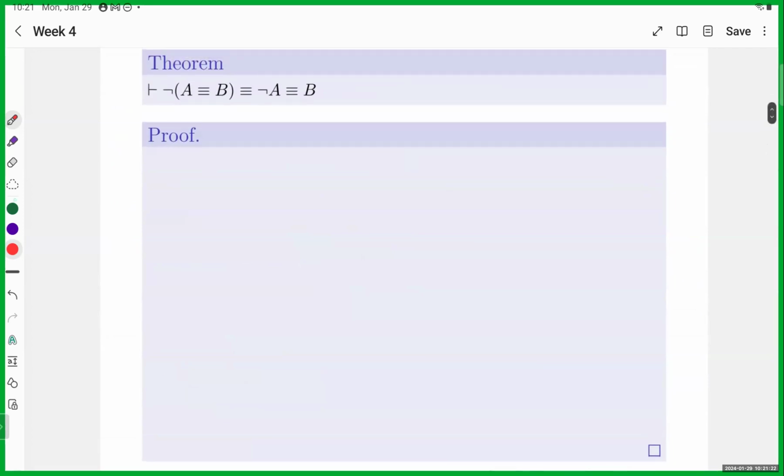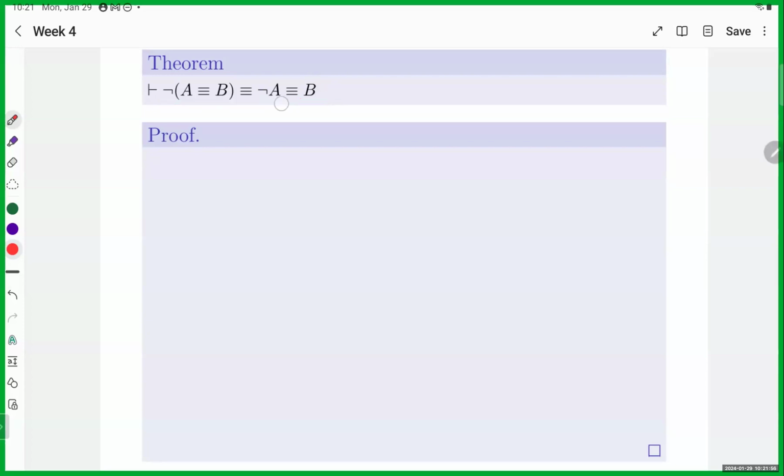Now, in order to prove this, there are, again, different ways of doing this. Let me see what's going to be the easiest way to do this. I could, for example, start from this formula and write a series of equivalences and end up with this formula, right? Or I could start with this formula and write a series of equivalences and at the end finish with B. So there are a lot of choices.